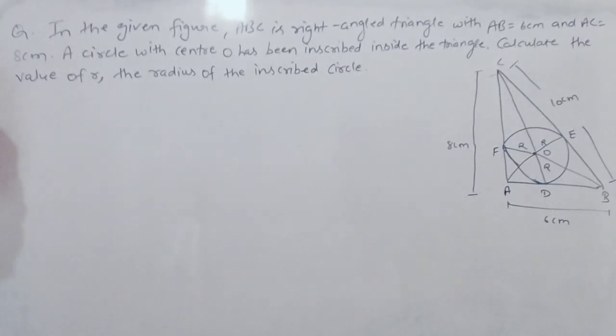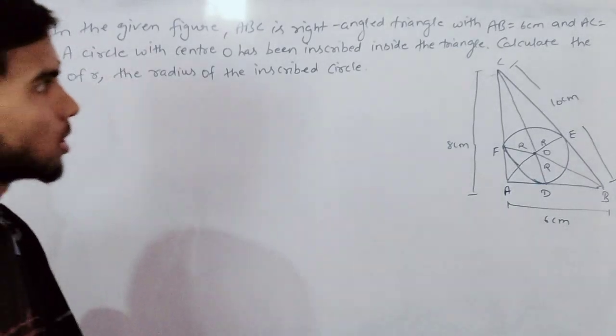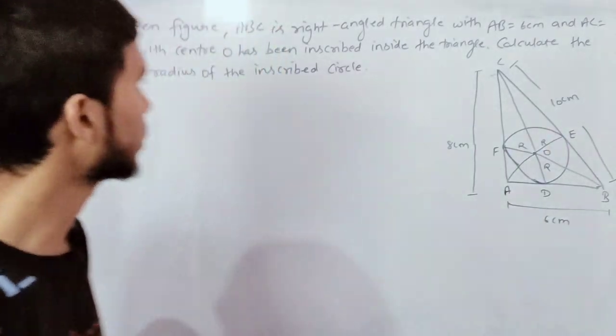Now, first we will read what it is saying. In the given figure, ABC is a right angle.